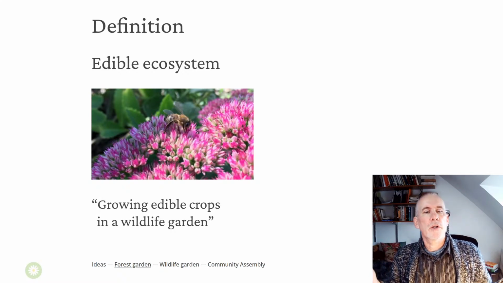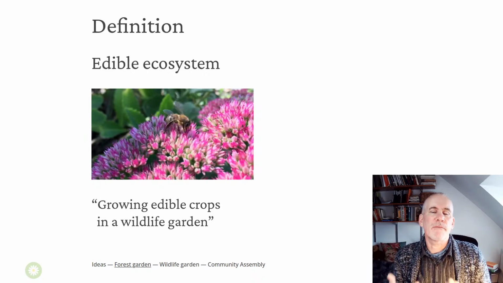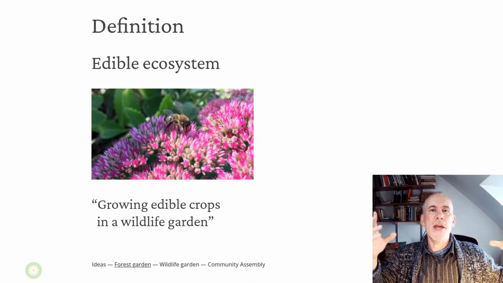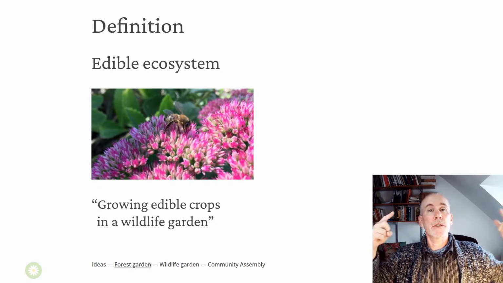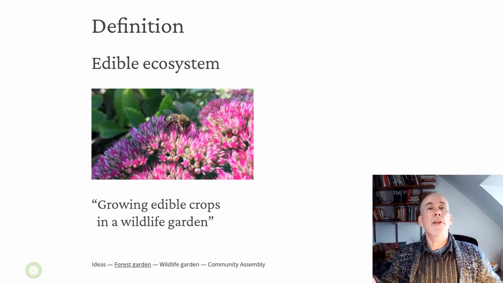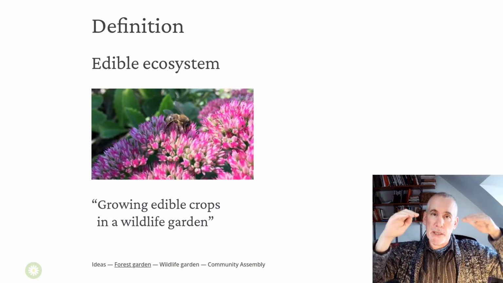Because you're creating habitat and using native plants, you're encouraging as many invertebrates as you can. You get the insects in, which sounds counterintuitive, but then you get the predators of those insects in as well, and you have a healthy living ecosystem in balance.